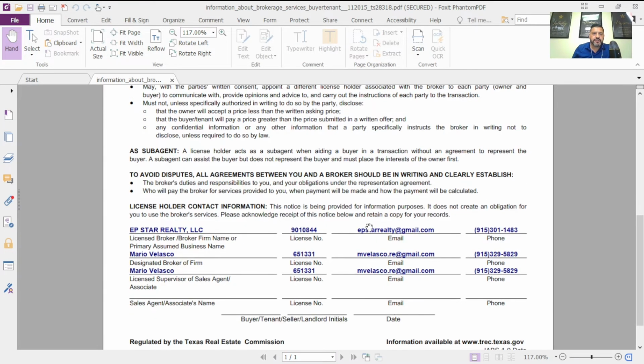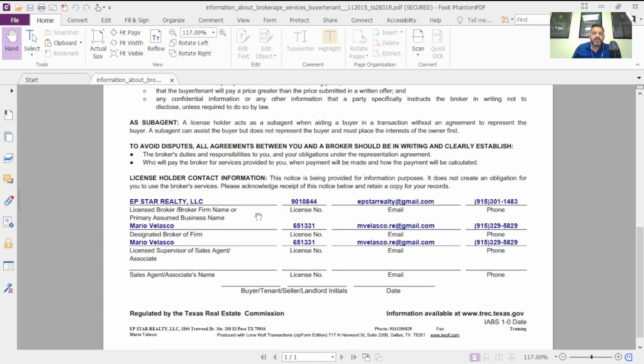And the last portion of this form is fill in the blanks. On the top line, you fill in the information about the company, the brokerage. The second line, you fill in the information about the broker. Third line, you fill in the information of a licensed supervisor.